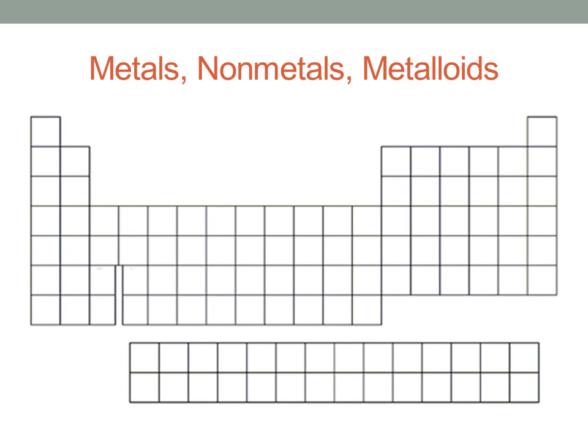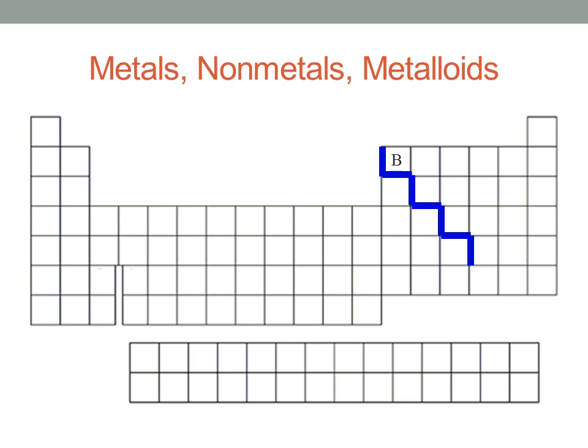The majority of the elements are metals. On most periodic tables, there is a staircase that divides the table. The metals are found to the left, and the nonmetals are found to the right. The elements found along the staircase are called metalloids.